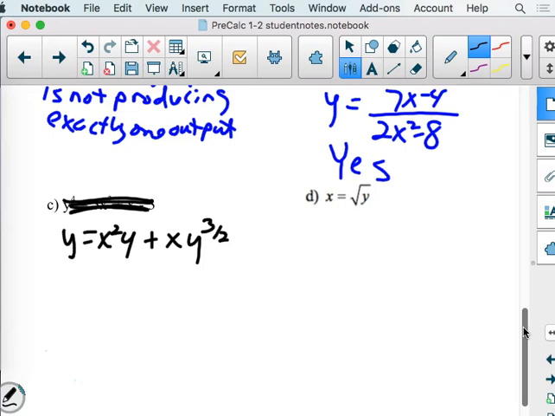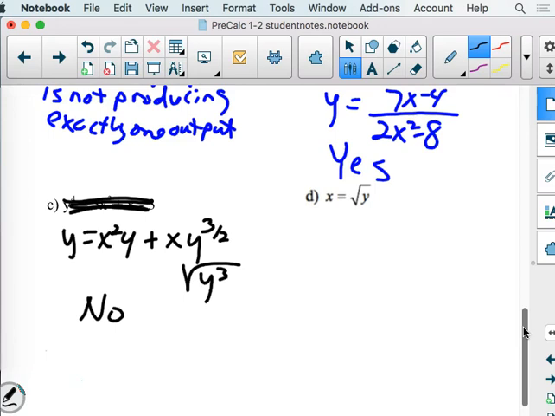It has something interesting and different in it, and that is that 3/2 power right there. Now that should bug us. What does that 2 on the bottom mean? It is a square root. So if it's a square root, this is out, because it's an even root.